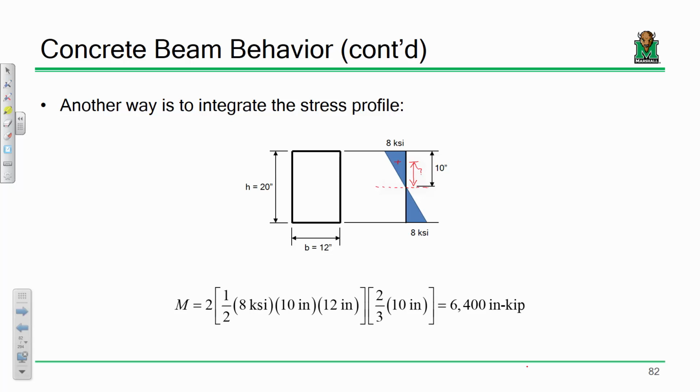What is that? It's a triangle. From there, isn't it 2/3? 2/3 of 10 inches, right? Remember that? So that's where this comes from. Okay? Force times moment arm. Now, what about the force?